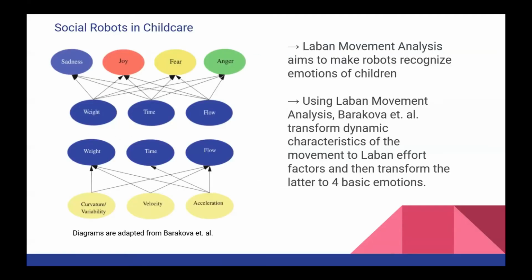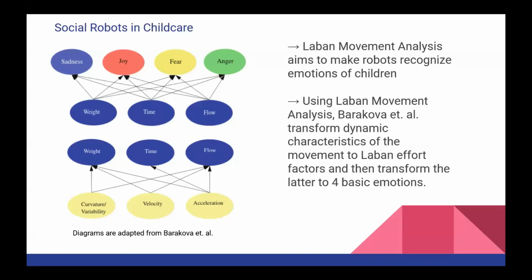We can see the applications of social robots in childcare. Barakova et al. state a method to transform physical properties to emotions in children. Laban movement analysis aims to make robots recognize emotions of children.